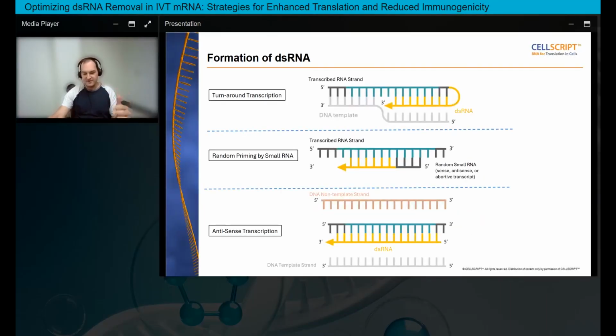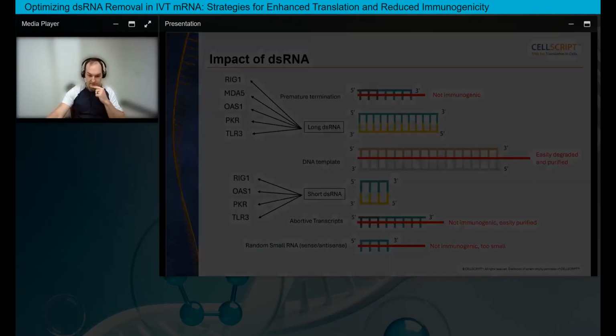And then all that happens is those two strands come together and form pretty big pieces of double-stranded RNA. Now, broadly speaking, these are put into categories of either being RNA or DNA dependent. That's important because the ability for T7 polymerase to associate with RNA is a big target for ways to reduce double-stranded RNA that we'll talk about a little later.